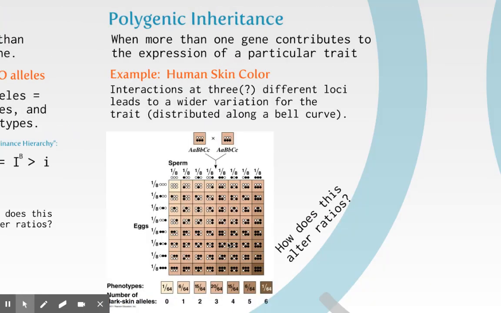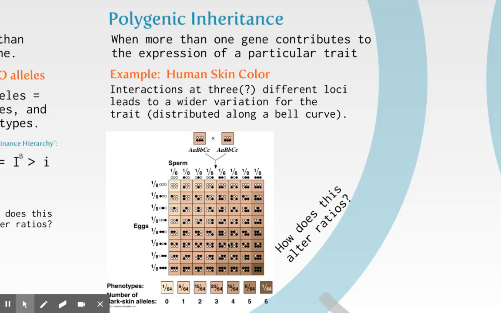This brings us to polygenic inheritance, when more than one gene contributes to the expression. In multiple alleles, it's one gene with three different variations. So instead of just a purple flower and a white flower, there would be a third option, and any two of those would give me my blood type.